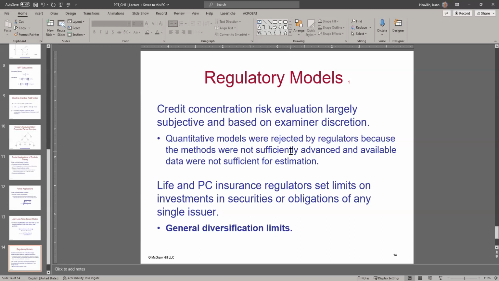An example here, dealing with life and P&C insurance, property and casualty insurance. Regulators set limits on investments in securities or obligations of any single issuer. So let's say a life insurance company collects premiums from the clients.